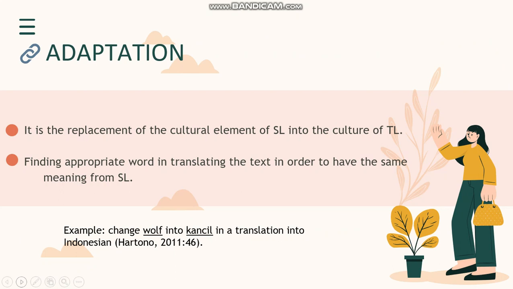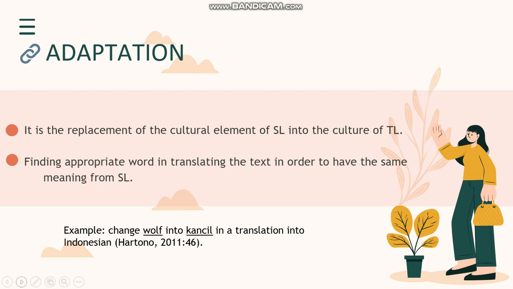From those 5 criteria, Molina and Albert classify translation techniques into 18 types. For the first, we have adaptation. Adaptation is the replacement of a cultural element of the source language with the culture of the target language.